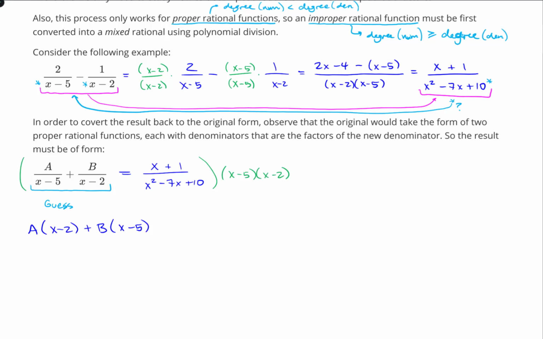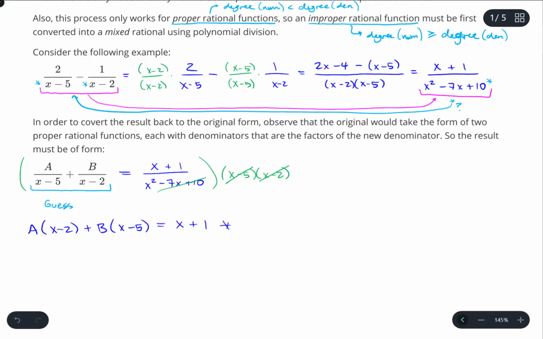Now if I take x minus 5 times x minus 2 times this last fraction, well, this denominator factors to exactly this. So both of these factors cancel out this entire thing, leaving me with x plus 1. And this right here is an equation that's actually not too bad to solve.